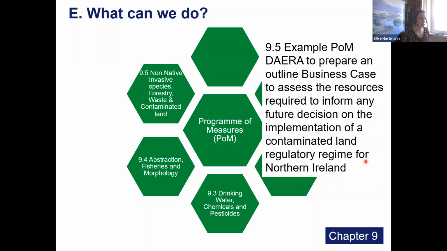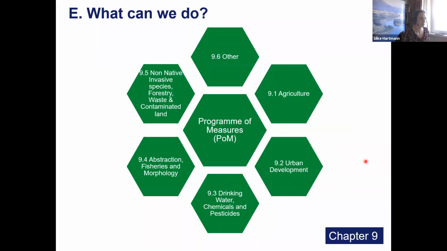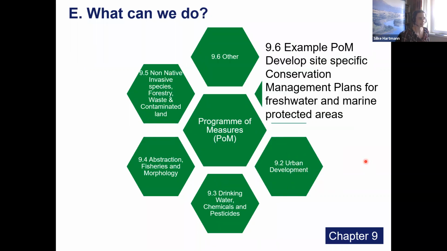An example is for DAERA to prepare an outline business case to assess the resources required to inform any future decision on the implementation of a contaminated land regulatory regime for Northern Ireland. And the sixth one is simply called ASA, and an example is to develop site-specific conservation management plans for freshwater and marine protected areas.